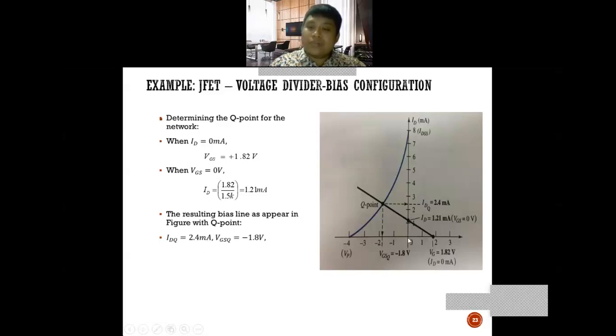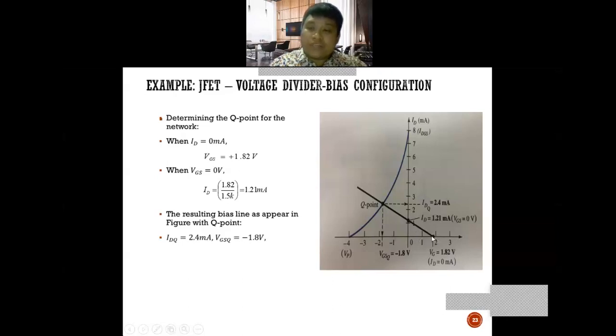So when ID is 0, VGS is 1.82 volt, like here. When VGS equals 0 volt, ID equals 1.21 milliampere. So you can plot here.